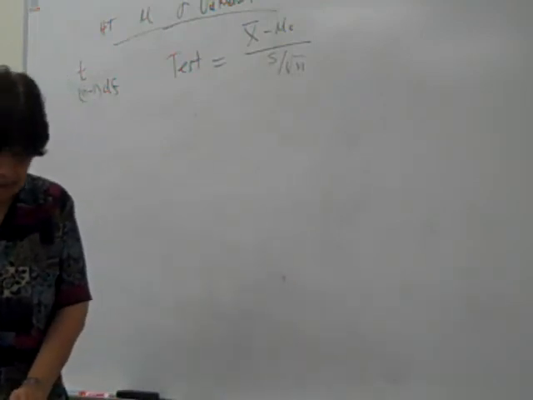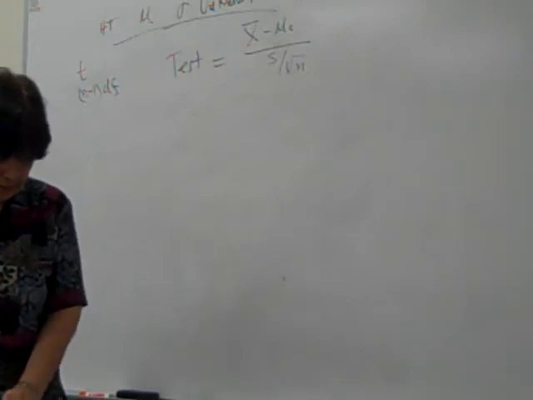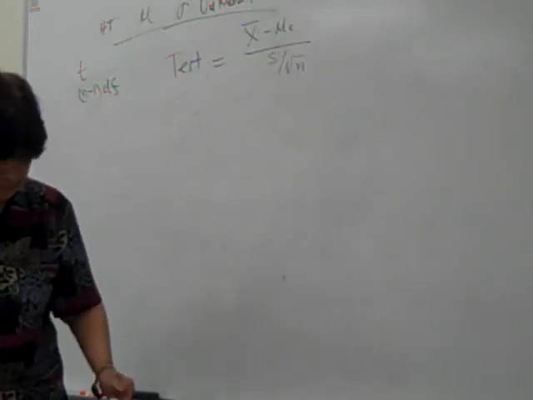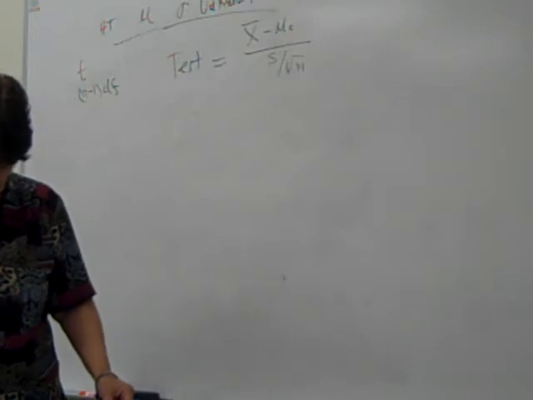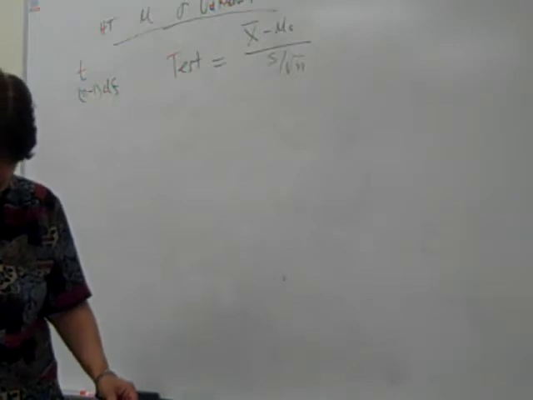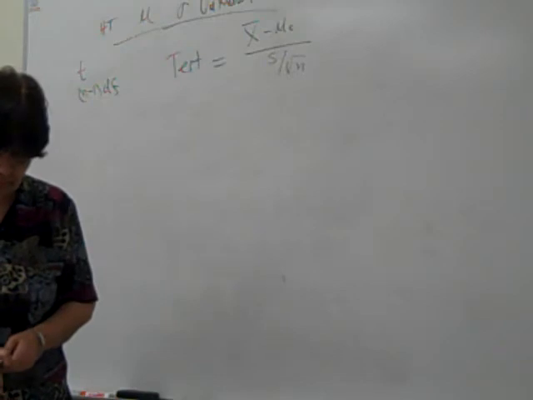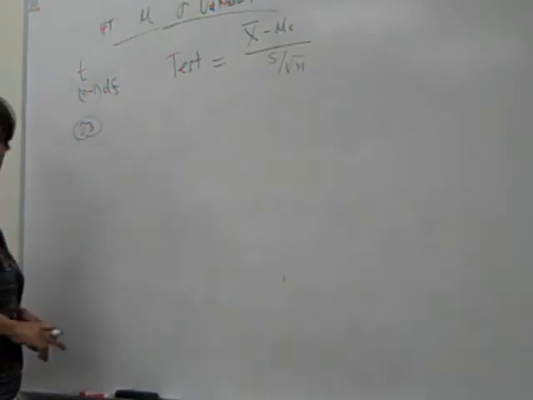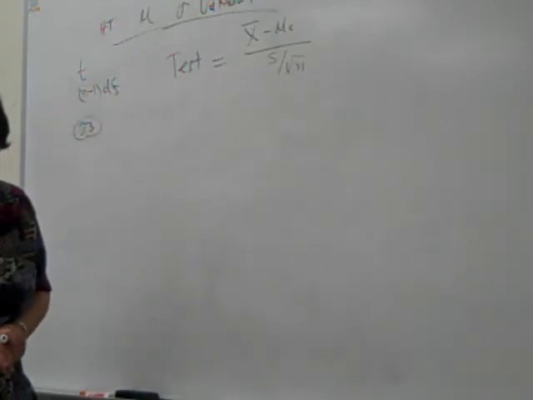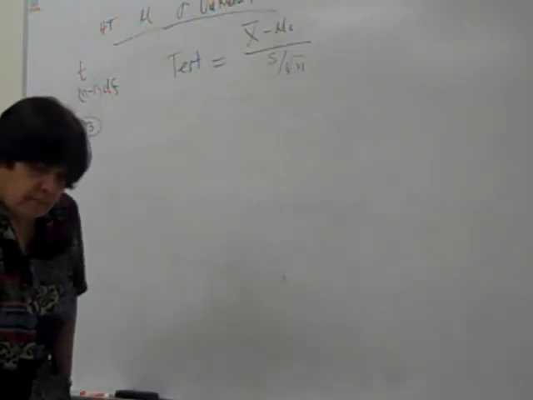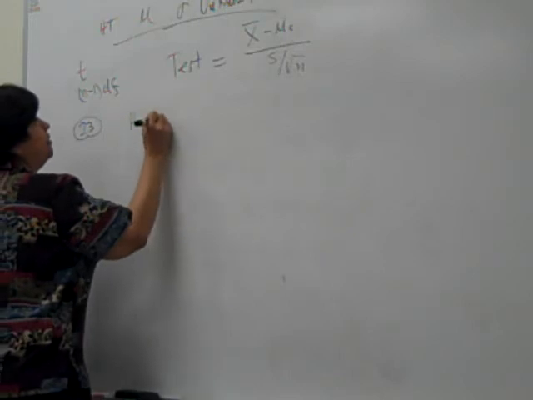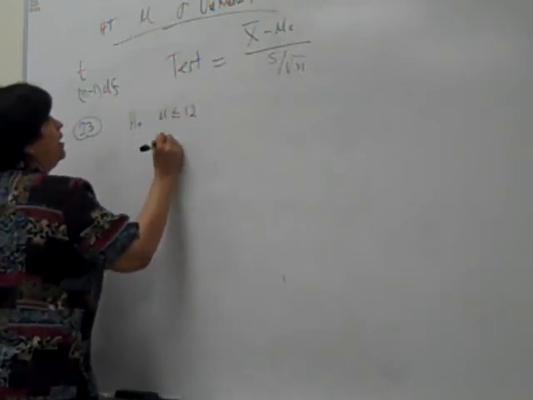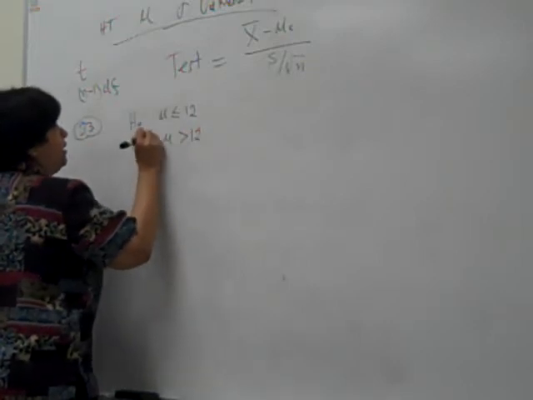So let's do problem 23. It says hypothesis that mu is less or equal to 12 against mu greater than 12 as the alternative hypothesis.